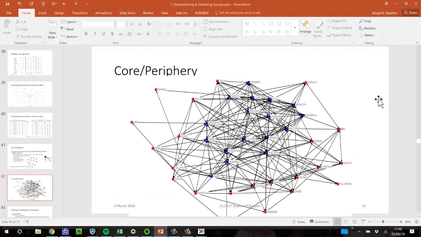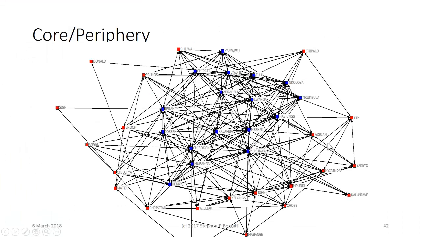So how to detect such a network? Oh, here's a real one from UCINet. This is probably the Kapferer tailor shop data. It's a natural core-periphery structure, much more dense in the middle than anywhere else. It doesn't have any other subgroups.